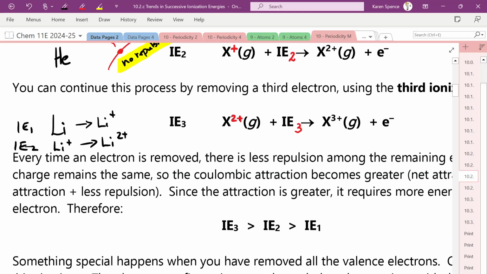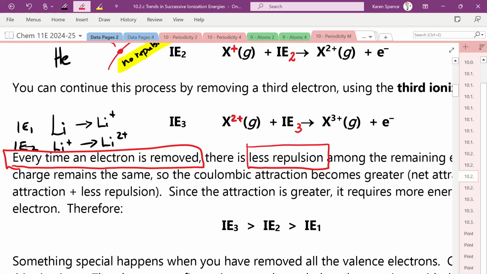Every time an electron is removed, there is less repulsion because you have fewer electrons. So the Coulombic attraction becomes greater.